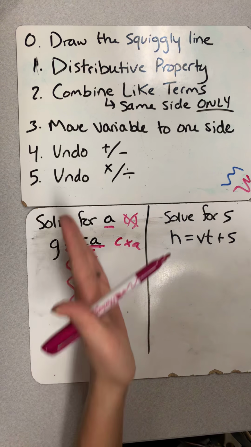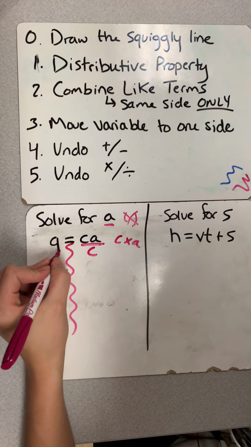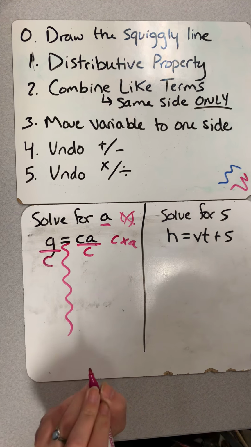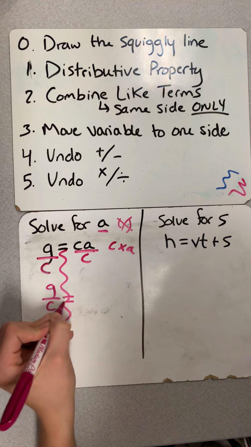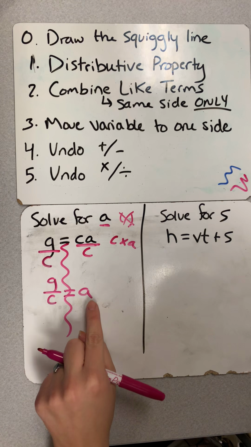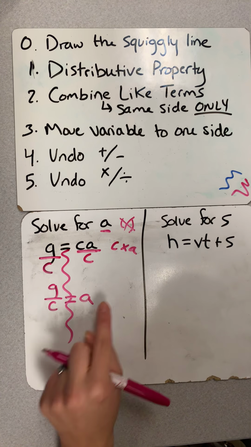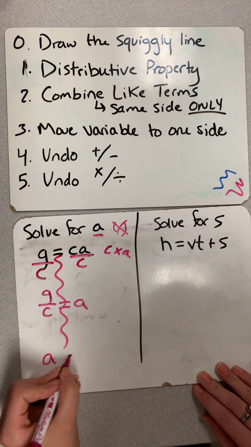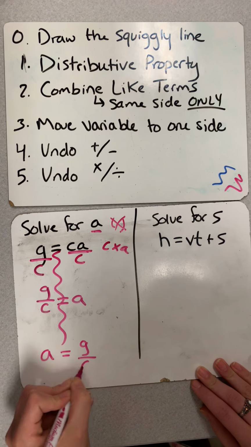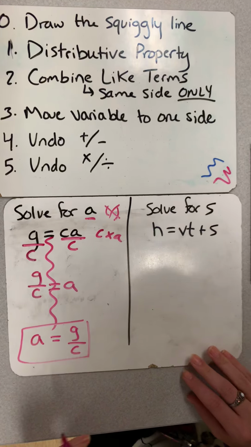And remember, whatever I do to one side, I do to the other side. So I'm going to divide G by C. And so I have G divided by C equals A. However, we always want to write the thing that we're solving for on the left-hand side. So your final answer is going to be A equals G divided by C. And that is your answer.